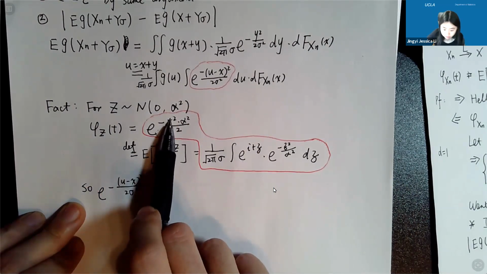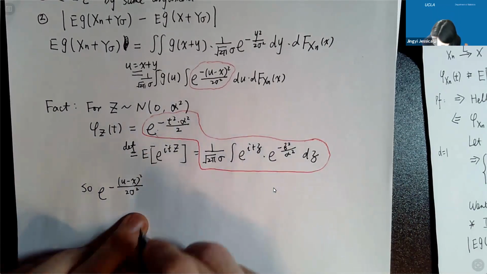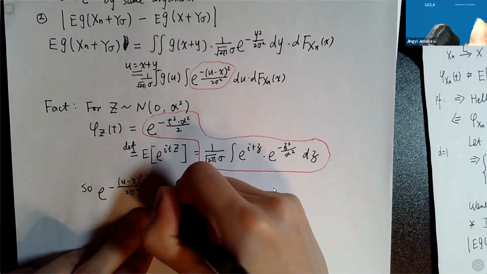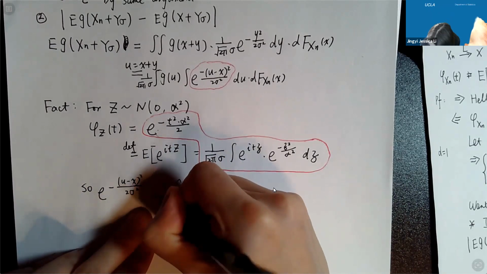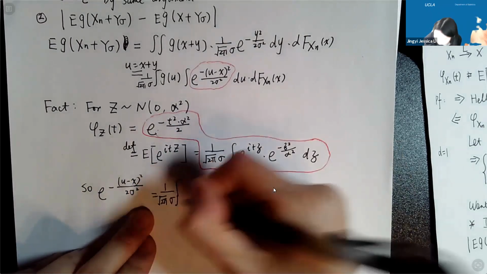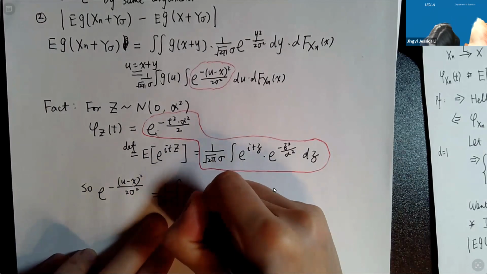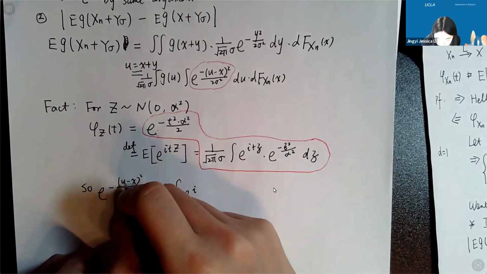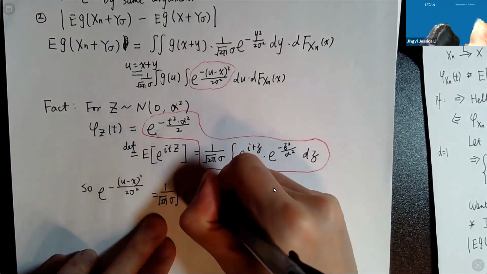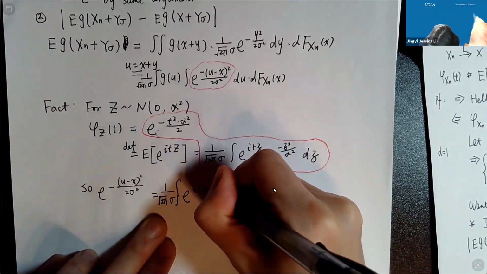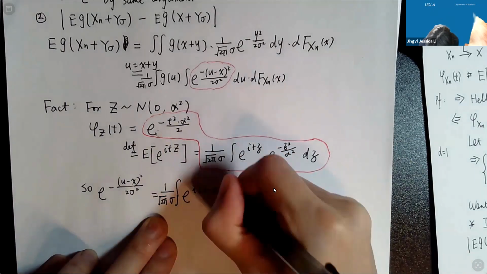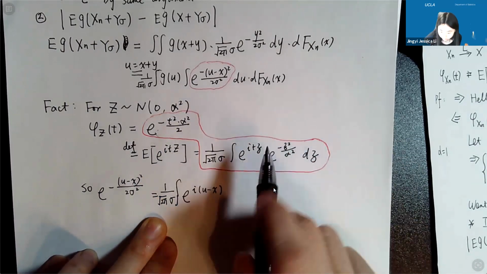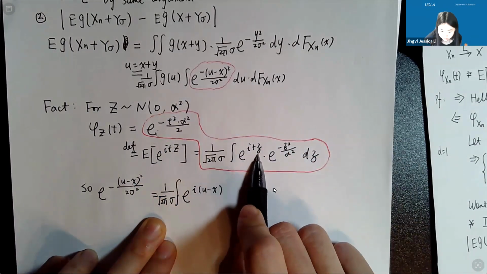So this can be written as 1 over square root 2 pi sigma, integration, exponential i t, where t is u minus x, and this is the z here.